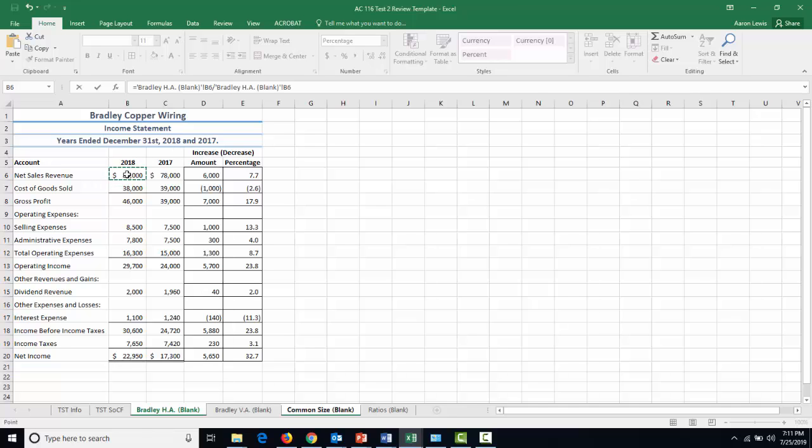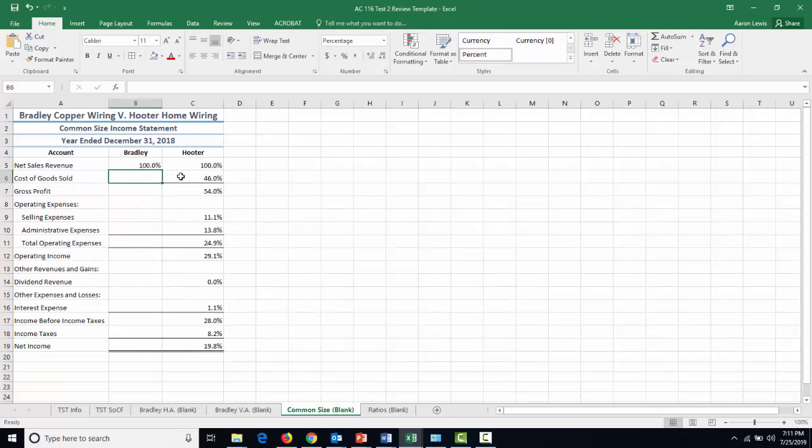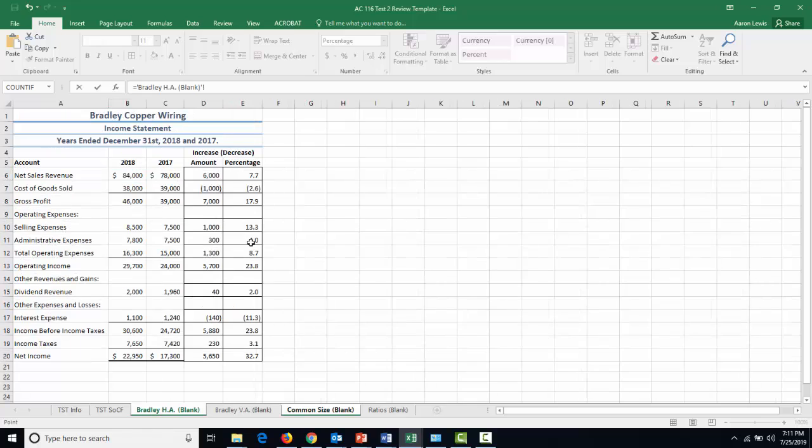So I'm basically dividing by the same number again. We're coming up with 84,000. For cost of goods sold, we're going to hit equals. We're going to go back to our income statement. Our cost of goods sold during the current year, which is what we're comparing right here, was 38,000. If we divide that by the base number for net sales revenue, we're going to come up with 84,000.